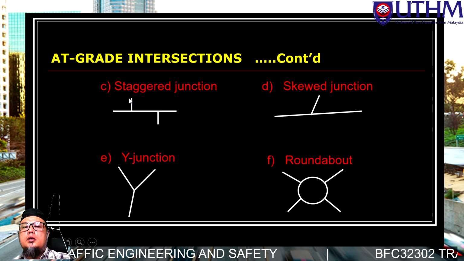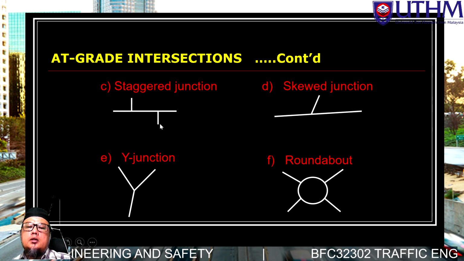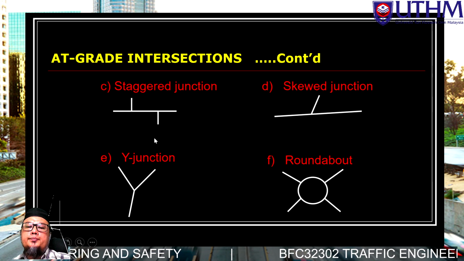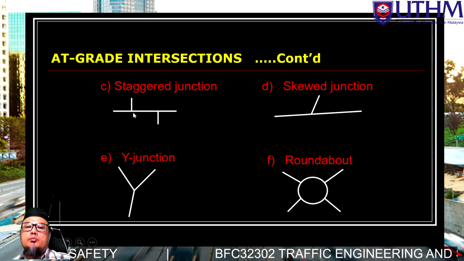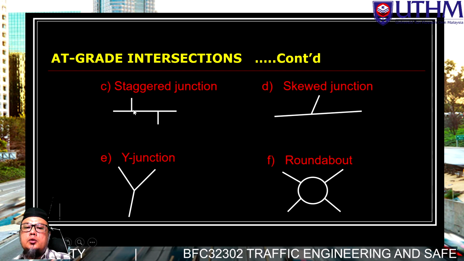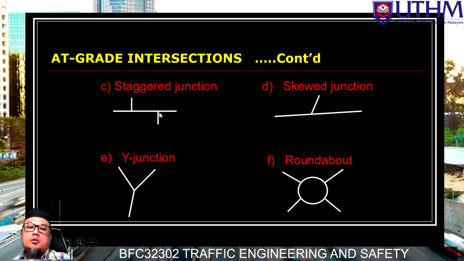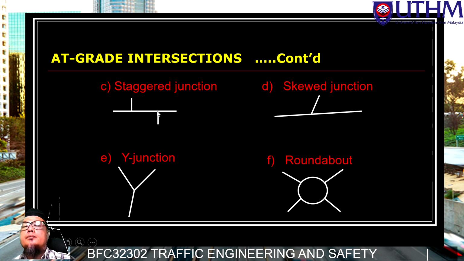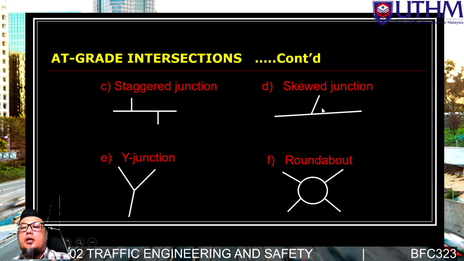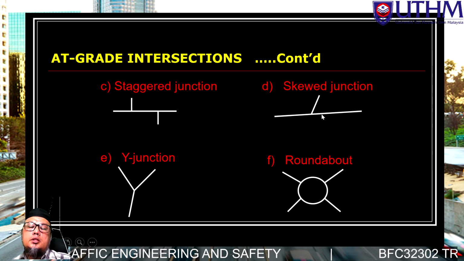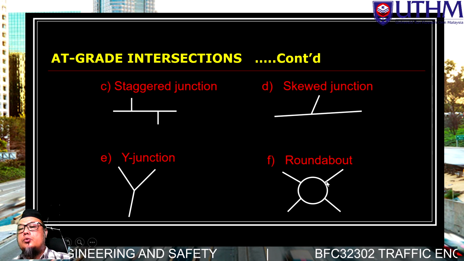This staggered layout is a typical cross or T intersection, but the legs are offset by a short distance, maybe 30 meters or 20 meters. Next, skewed junction, which has an incline, maybe 60 degrees or 45 degrees. Okay, Y intersection and also a roundabout.